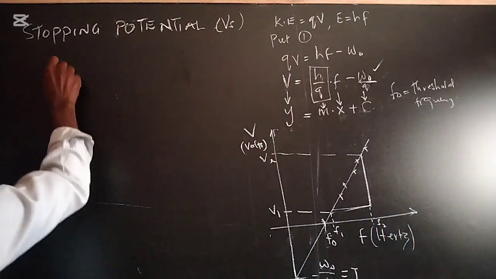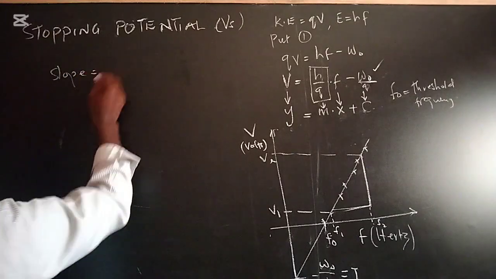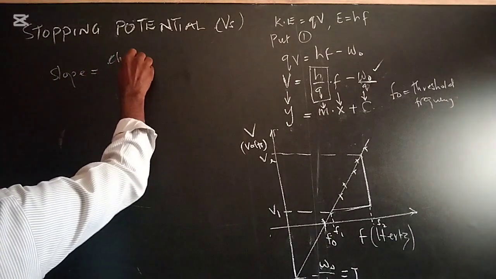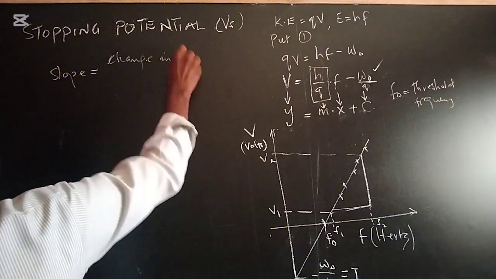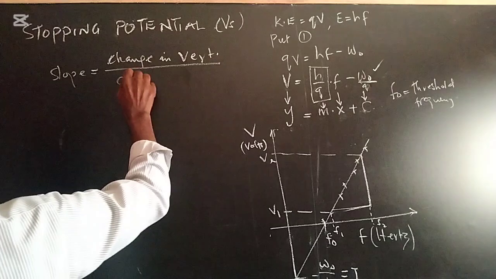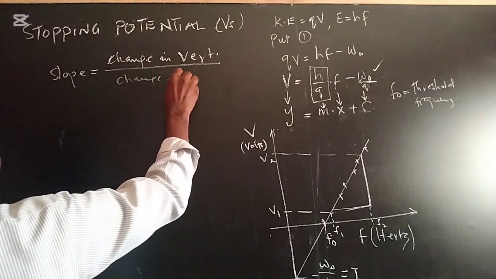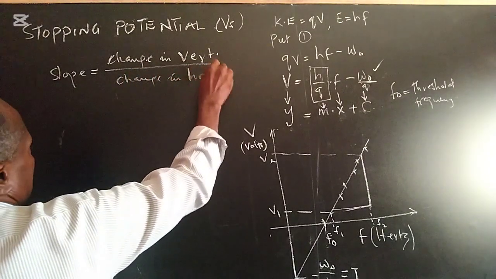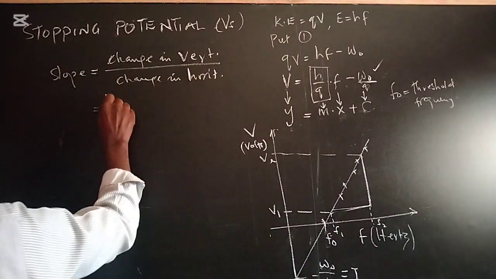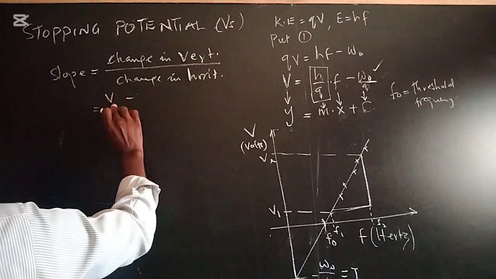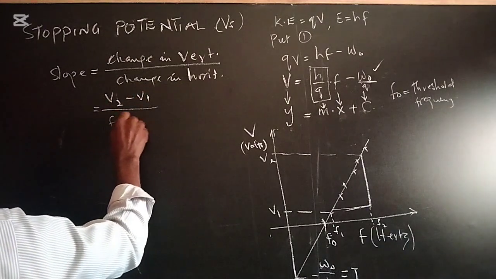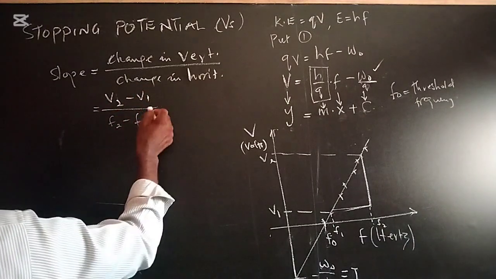So generally we define the slope of a straight line graph as the change in the vertical divided by the change in the horizontal. So in this case, V2 minus V1 over F2 minus F1.